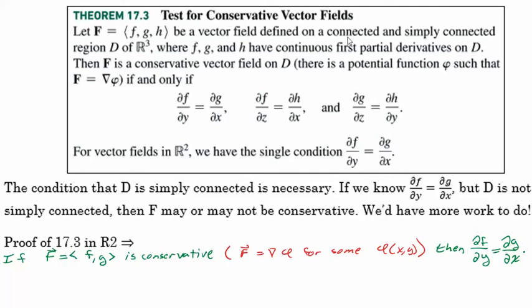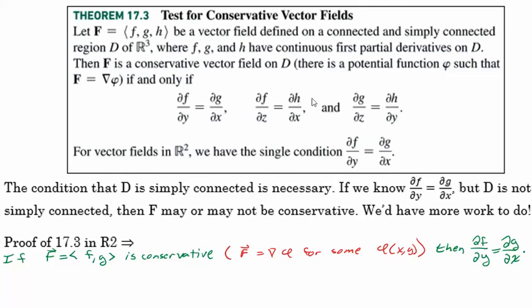Defined on a connected and simply connected region D of R3, and F, G, and H have continuous first partial derivatives on D. So that's going to be the same thing for F and G down here in R2. Okay, so all this criteria has to be met. Then F is a conservative vector field on D if and only if all three of these equalities are true.